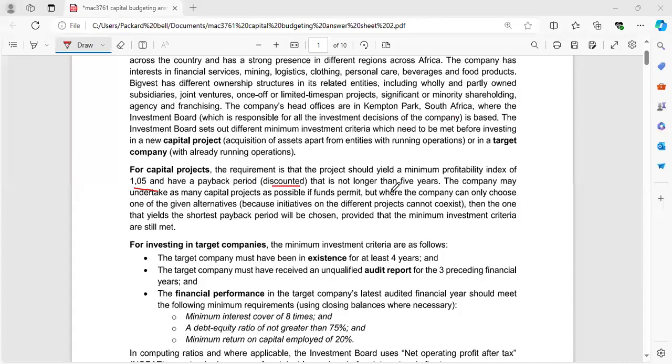That is not longer than 5 years. The company may undertake as many capital projects as possible if funds permit, but where the company can only choose one of the given alternatives, because initiatives on the different projects cannot coexist, then the one that yields the shortest payback will be chosen, provided that the minimum investment criteria are still met.